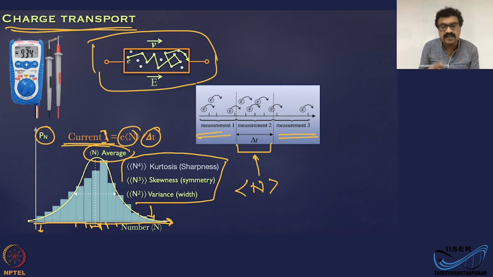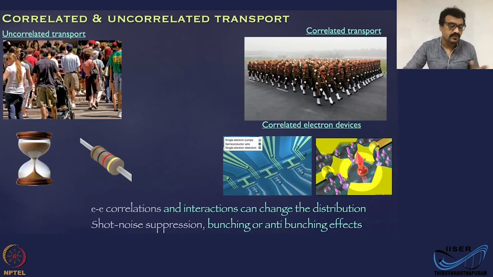And these higher moments have a lot of importance when you consider lower dimensional systems, where electron-electron phenomena such as electron-electron interaction and correlation are actually missed when you measure only the current.